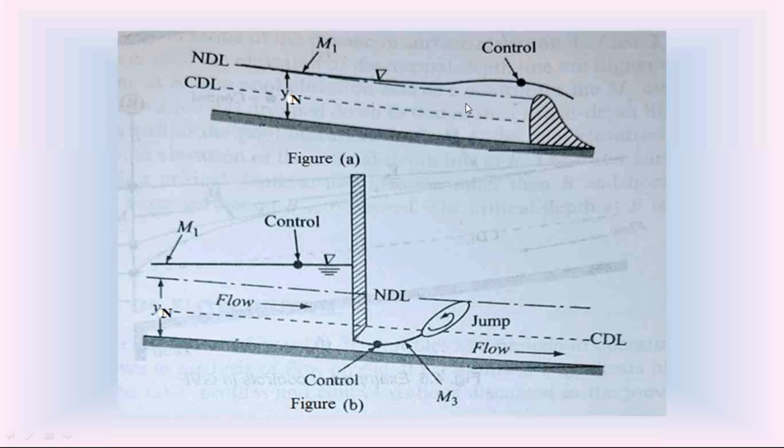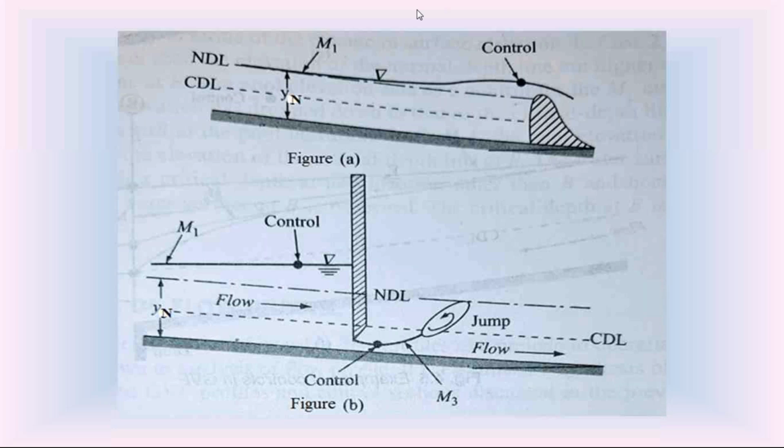Now, between section 2 and section 3, at section 2 we have the total energy line slope, and at section 3 also we have the total energy line slope. Find out the average of those two total energy line slopes, the average value of SF. Then use the dynamic equation of the single step method.